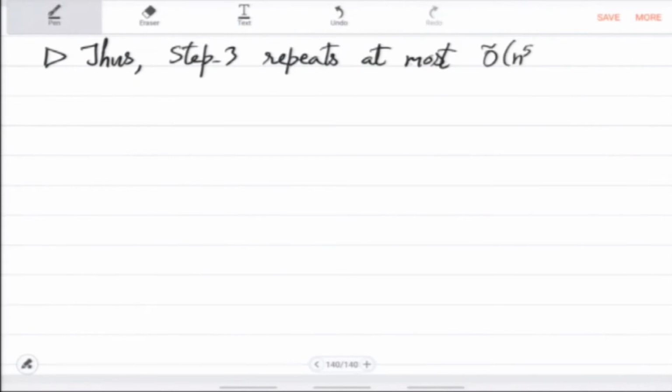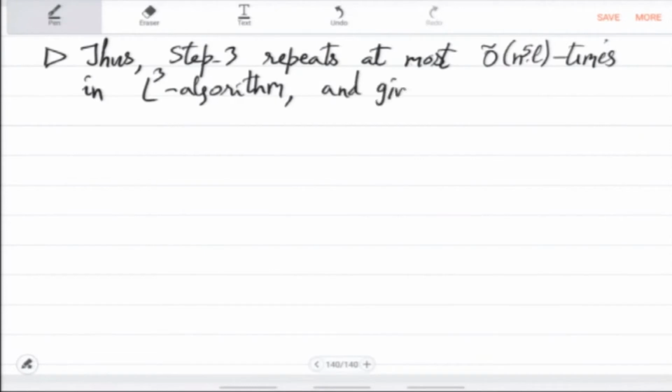We are nearing the end of the proof. So thus step 3 repeats at most O tilde n to the 5 times L times in L cube algorithm. And gives the reduced basis.